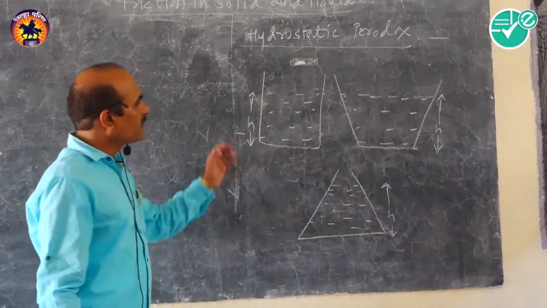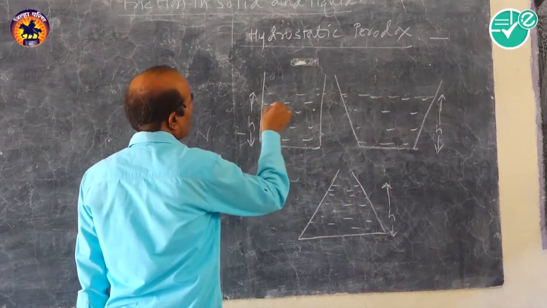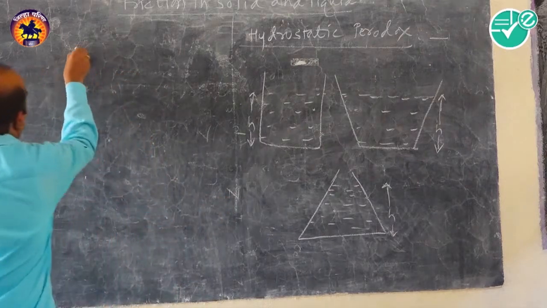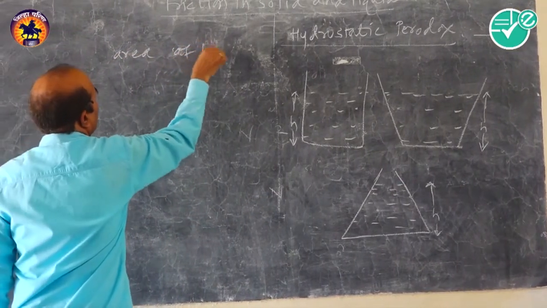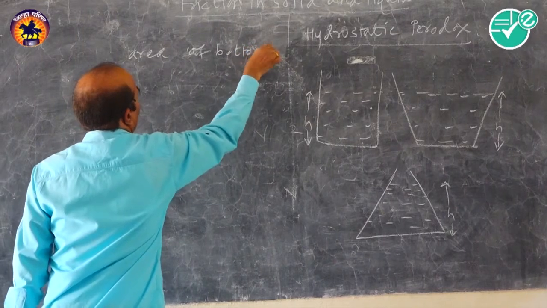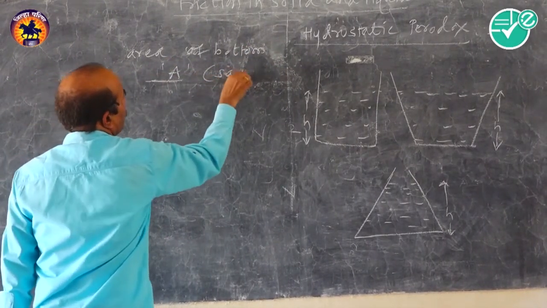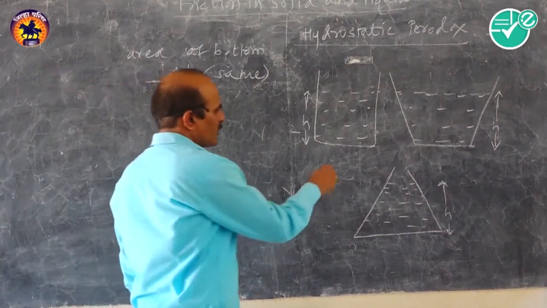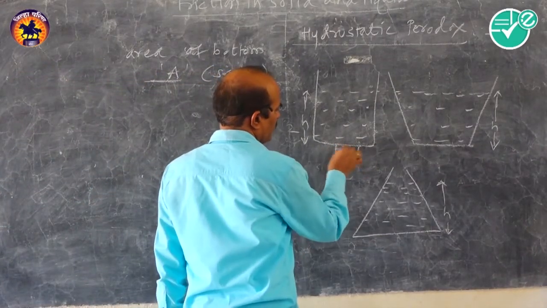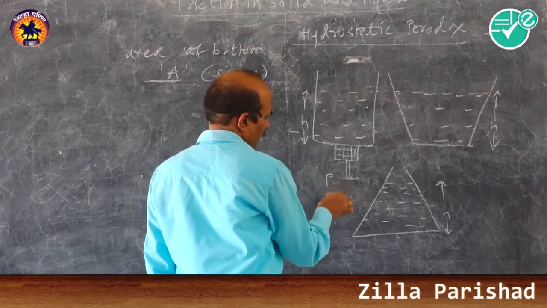So all these vessels have different shapes, but the bottom surface area is the same. We say that the area of the bottom is A, the same for all the vessels. If you measure the pressure in here, the pressure is PA.